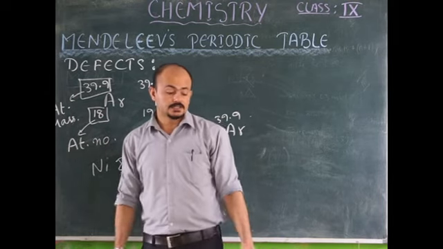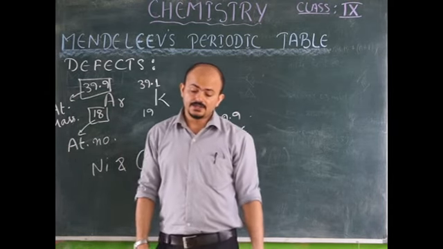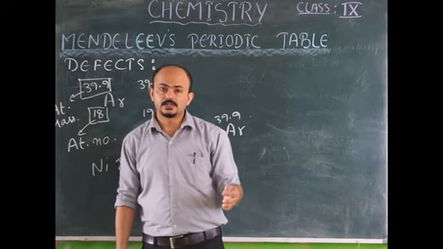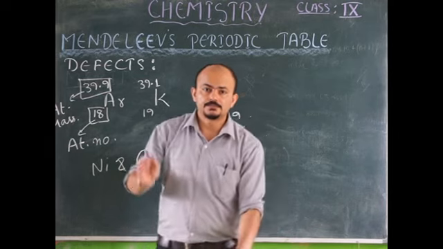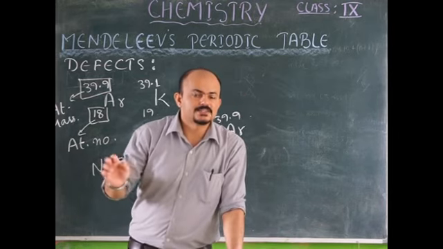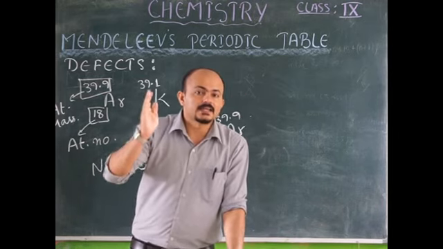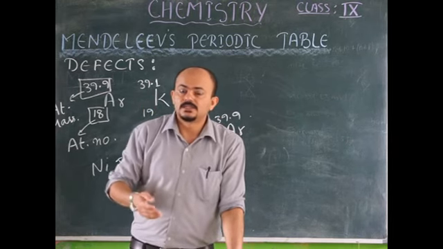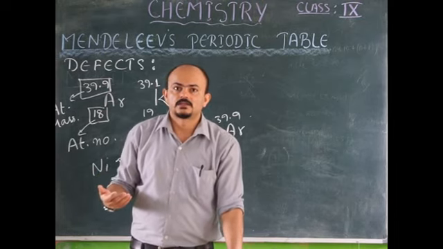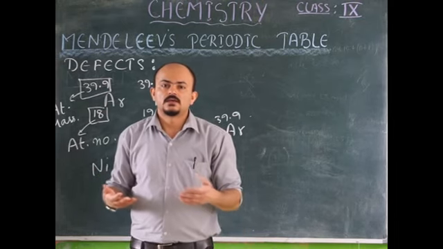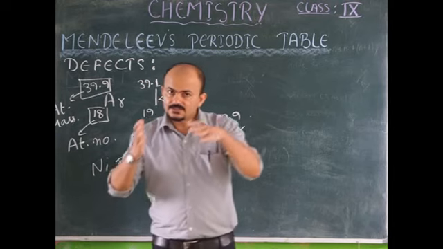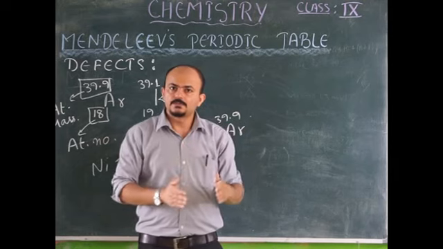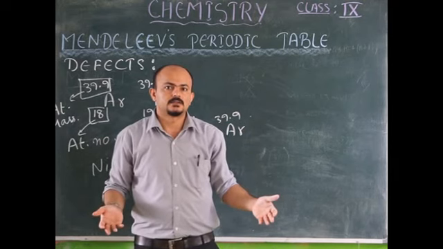Now the third defect is grouping of chemically dissimilar elements. You know about copper, you know about silver. Copper and silver have properties different from the alkali metals, that is sodium, lithium, potassium. Even though they were different, Mendeleev's classification placed copper and silver in the same group with the alkali metals.